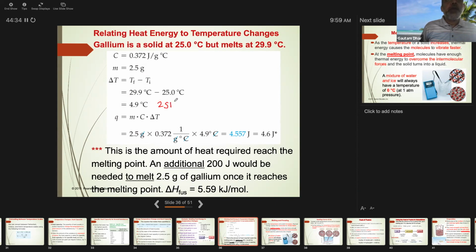So when you multiply 2.5 with 0.372, we can consider, even though it's not exact because it's a measured quantity, somebody measured it for you. This is two significant figure, so answer must be in two significant figure. Okay, to raise the temperature from 25 degree to 29.9 degrees centigrade, you need to give 4.6 joules.